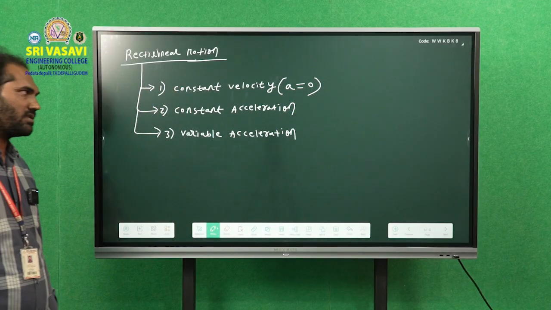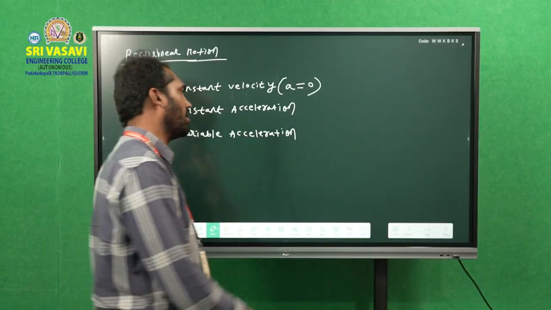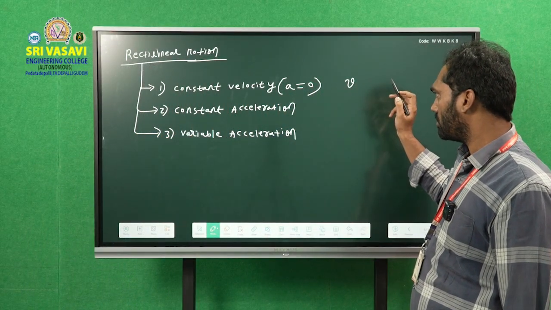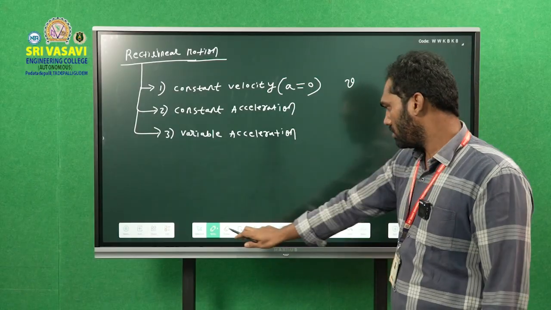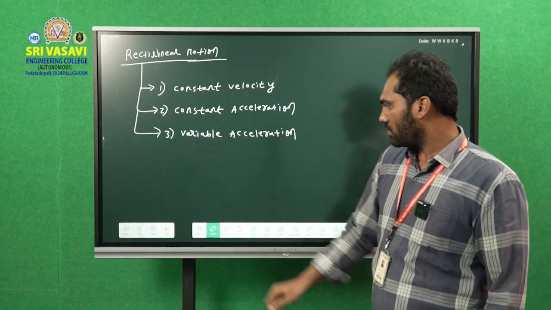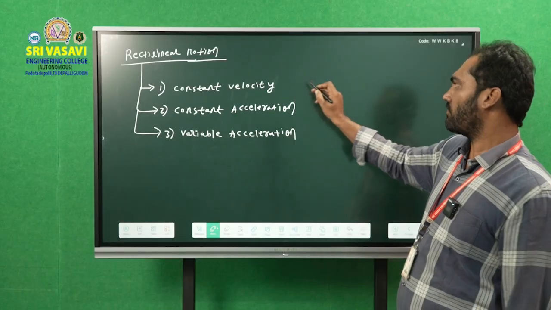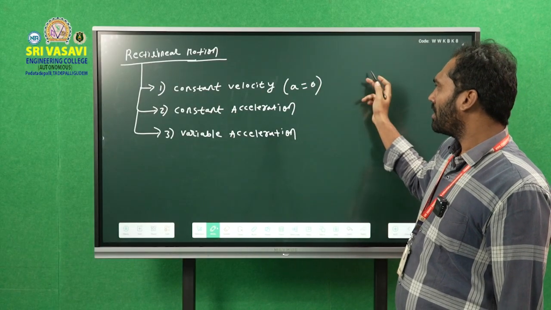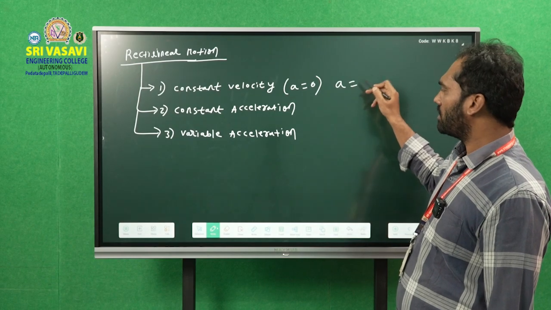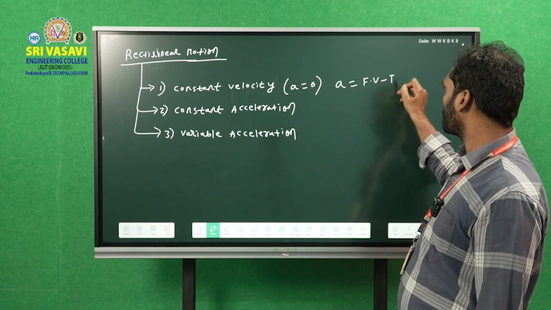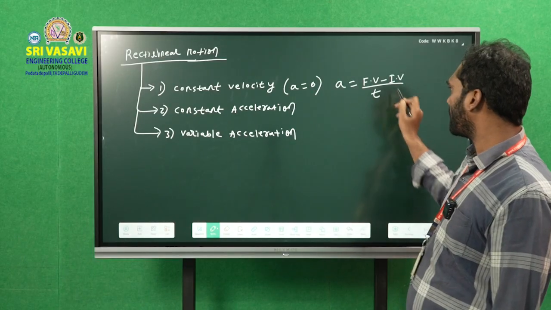At constant velocity, acceleration is 0, because acceleration is nothing but final velocity minus initial velocity by time.